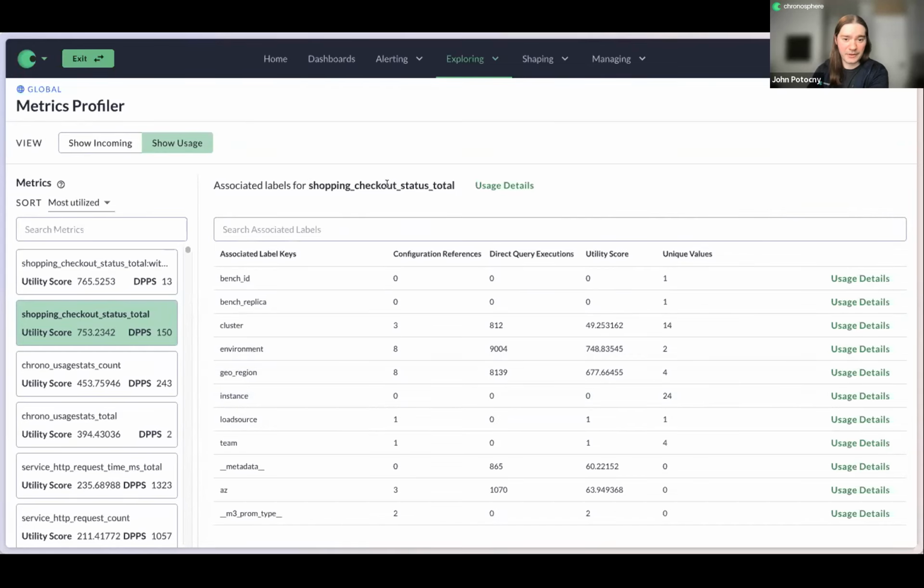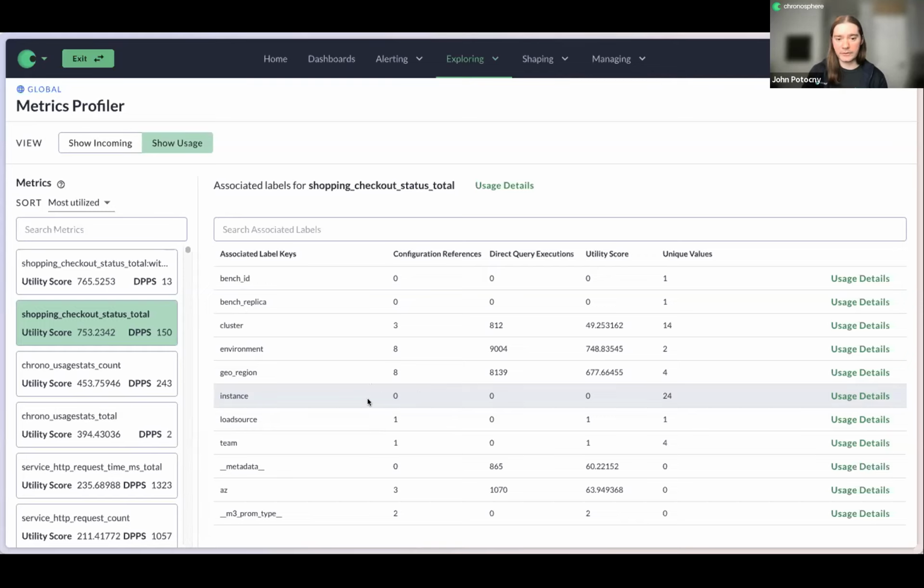This is shopping checkout status total. It looks more like a business level metric that we're tracking for our application. Completely understand where we're not looking at it on a per instance basis. But what we want to do is be able to get the value that this metric is providing to us without having to pay for this additional cardinality that we're not using in practice. We're unlikely to ever use in practice. It's just waste in the system from an ROI perspective.